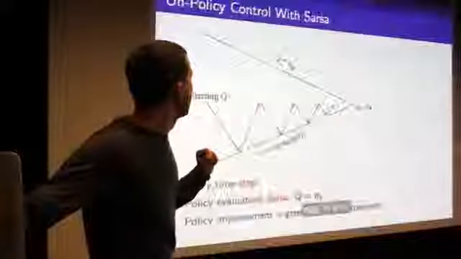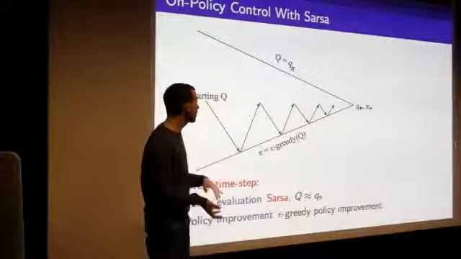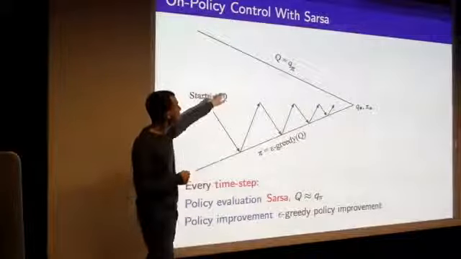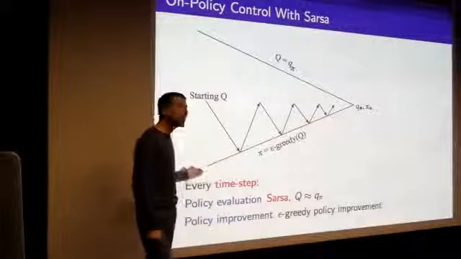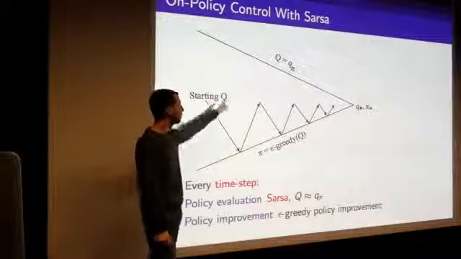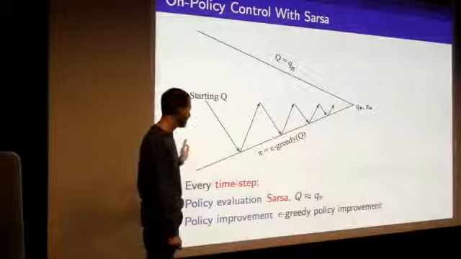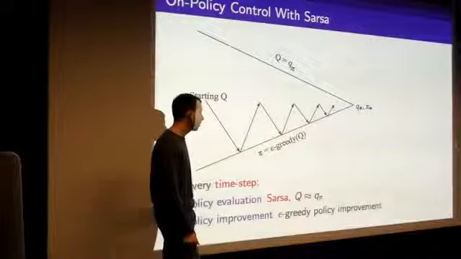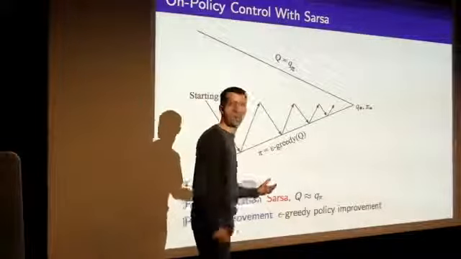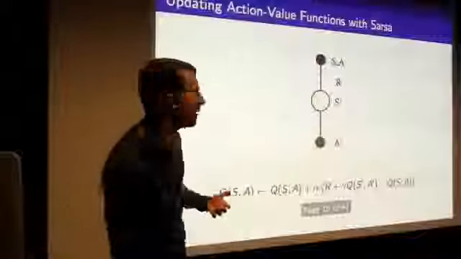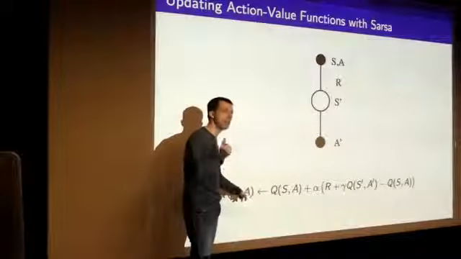Okay. So now we're going to take these SARSA updates and plug them into our generalized policy iteration framework. So every single time step, we're going to move up and down in this diagram. Each time we take a step, we're going to update our value function by applying one step of SARSA. So for the state and action that we were just in, we're only updating the value function for that one state action pair at that time step.